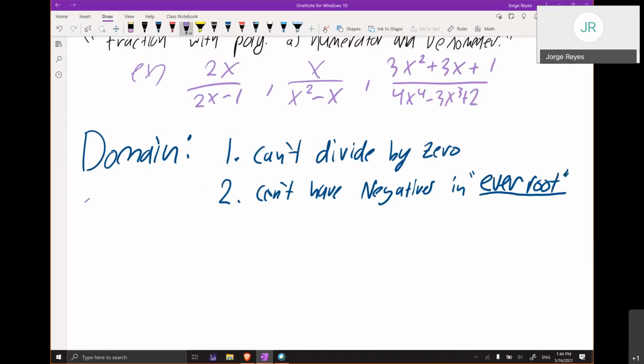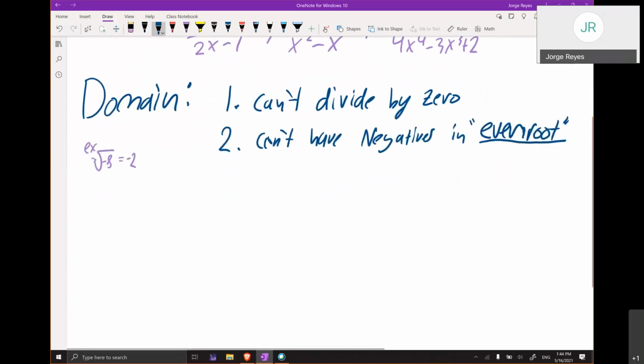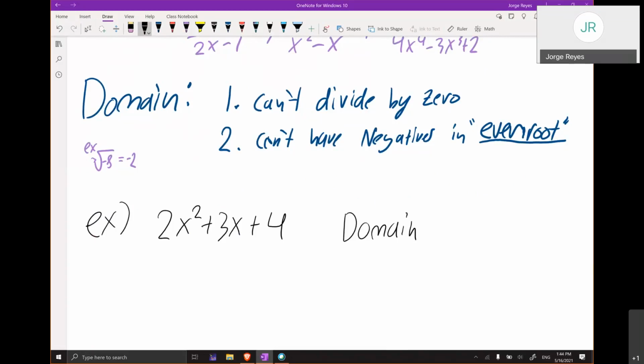You can't have negative numbers in even roots. Remember, the cube root of -8 is -2, so odd roots are fine. It's only even roots where the square root of -2 doesn't exist. So domains for the first part are kind of easy. If I just give you a polynomial, like 2x plus 3x plus 4, this thing's domain is all real numbers, which we write in interval notation as -infinity to infinity.